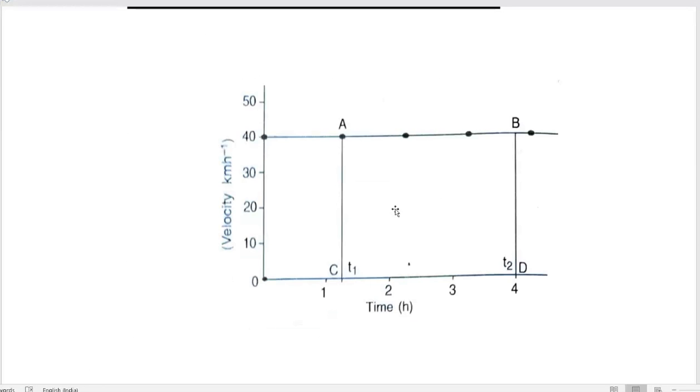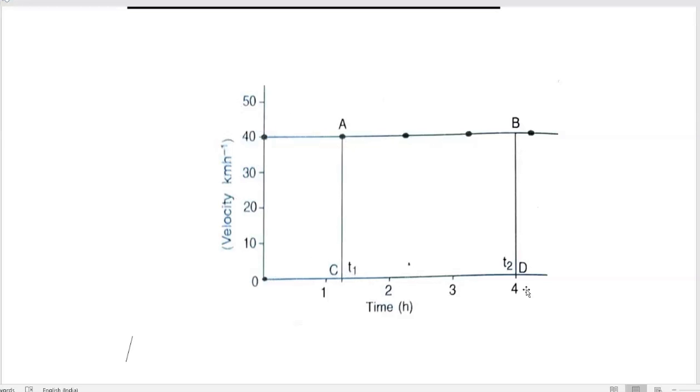So, look at this graph. Here, the x-axis shows time and the y-axis shows velocity in kilometers per hour. If you can see here, at any given point of time, the velocity remains the same, that is 40 km per hour.